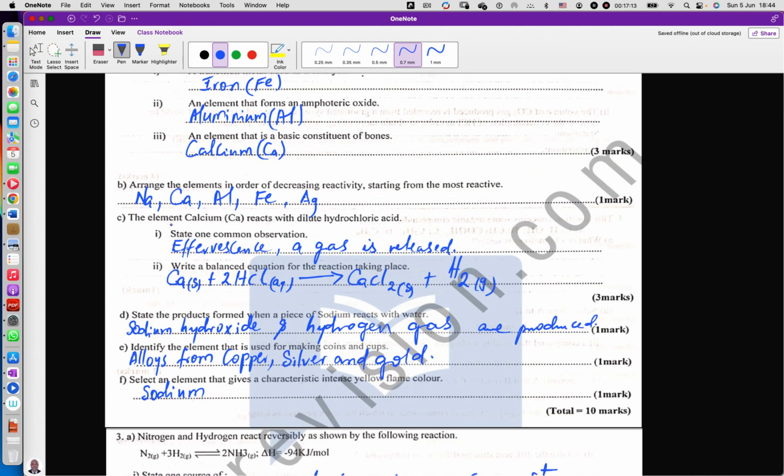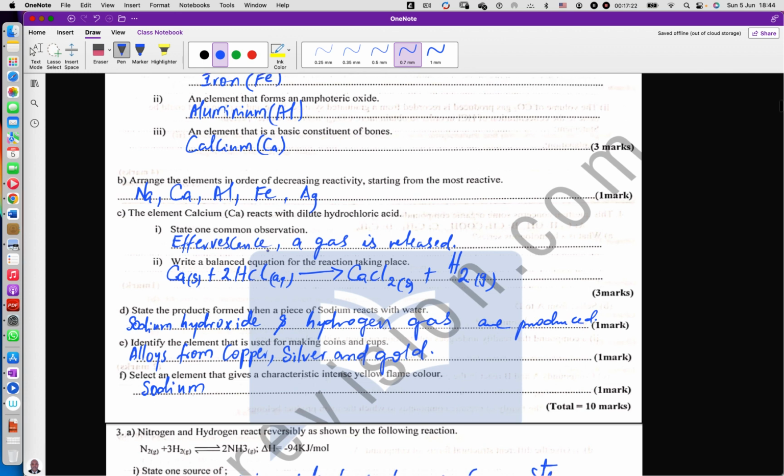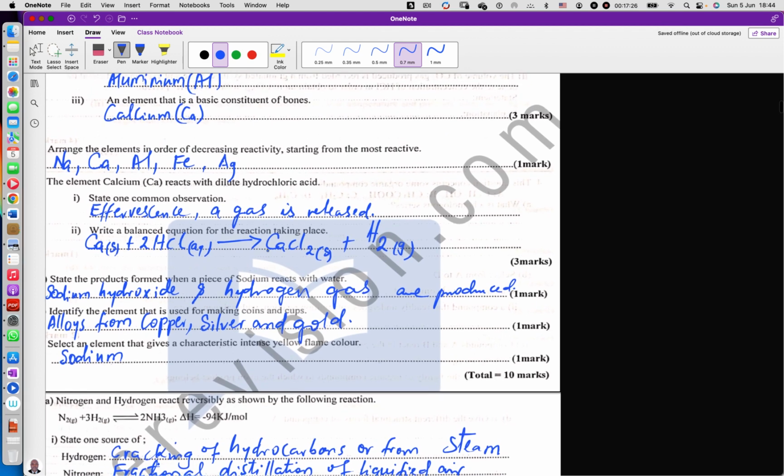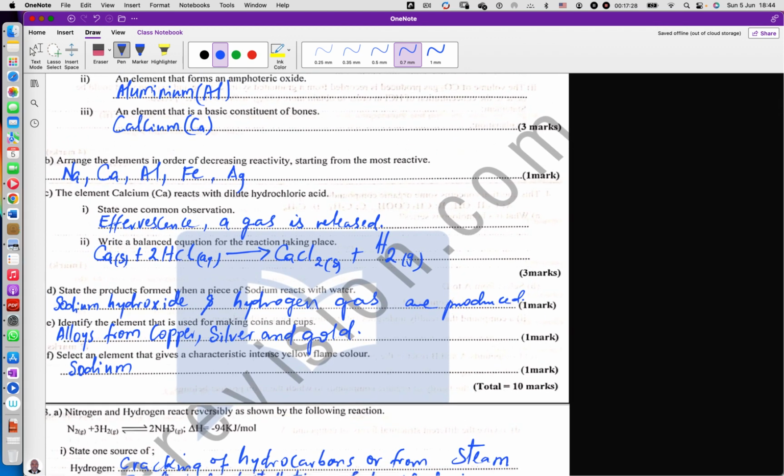The element calcium reacts with dilute hydrochloric acid. State one common observation. Remember that when you put a metal in a dilute acid, for example hydrochloric acid, there is effervescence.